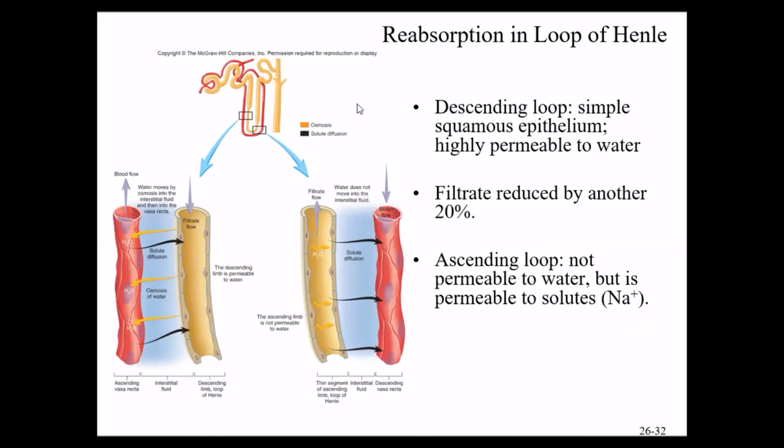So most of the filtrate that gets reduced here by the 20% is reabsorbed in that descending loop. The ascending loop isn't as permeable to water, but it is permeable to sodium, and so some of the sodium re-enters the bloodstream from the ascending portion of the loop of Henle.